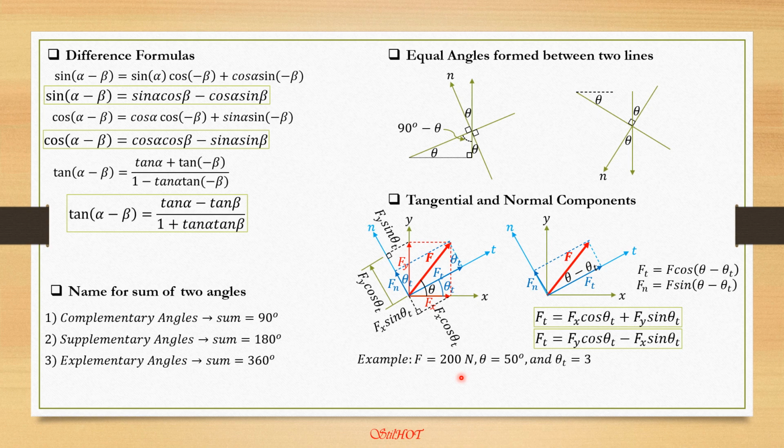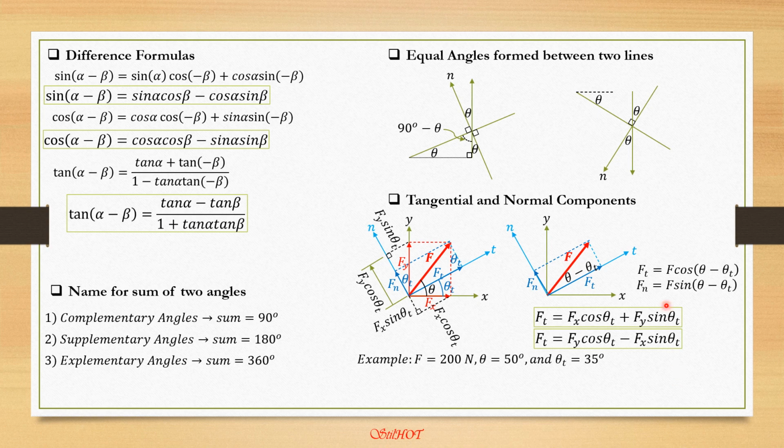For example, F is 200 newtons, theta is 50 degrees, and theta t is 35 degrees. It is the same as the location of F here, so we can use these formulas. Using this formula, but as I said, do not memorize, Ft is 200 cosine of 50 minus 35, 15.